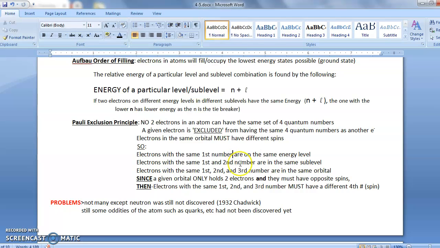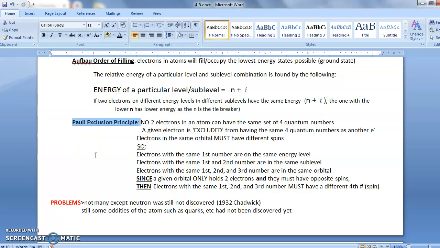If they have the same second number and first number, they're in the same sublevel. If they have the first, second, and third number the same, they're actually in the same orbital. But if they're in the same orbital, they have to have opposite spins. So the fourth number would be different, which is really what the Pauli exclusion principle is saying.